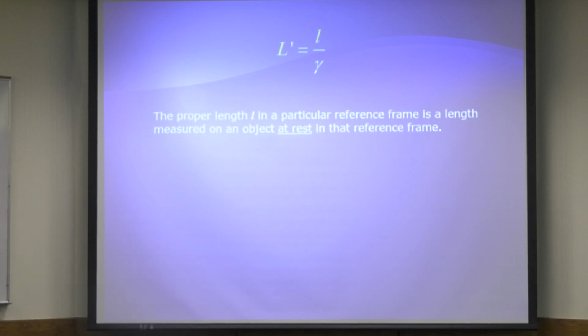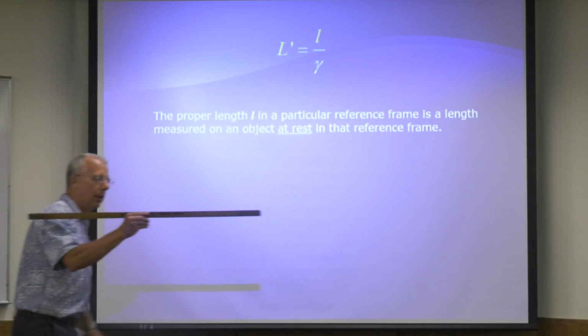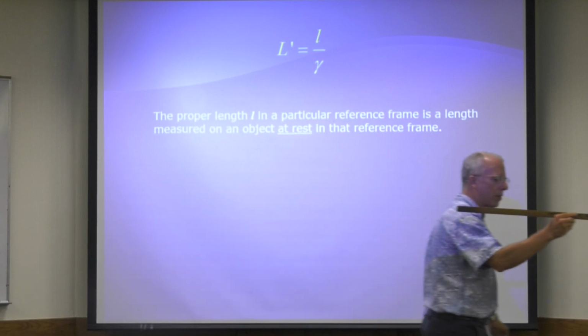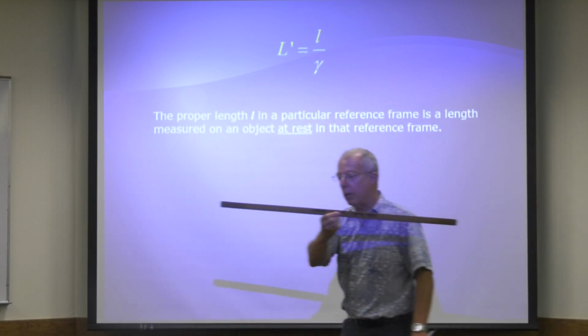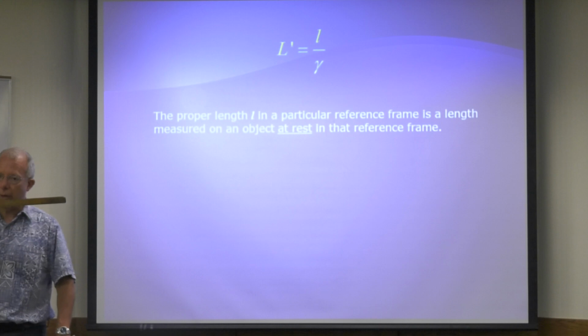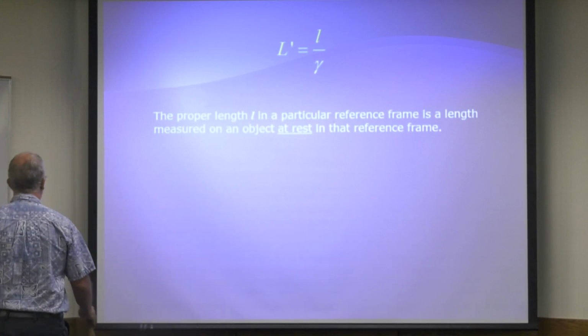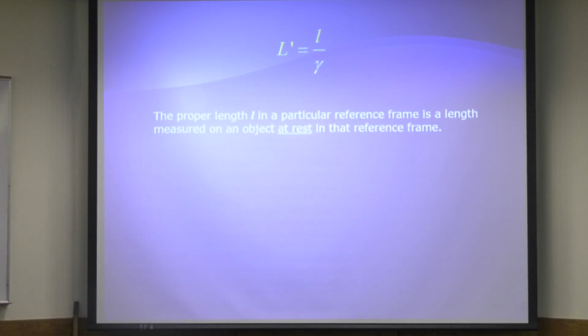So, you know, once again, if I'm running, but I'm holding this meter stick, this meter stick is at rest relative to me. So I would measure the proper length, right? And the proper length would be a meter. Okay, so proper length, you're measuring the length of something when the object is at rest relative to you. That's the crucial point. At rest, okay?